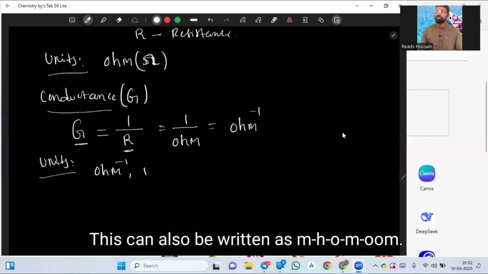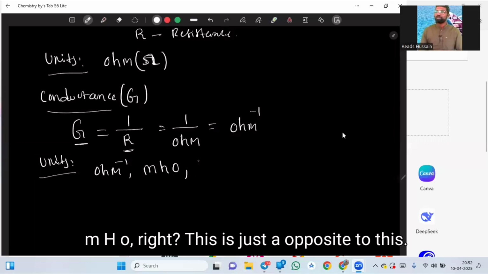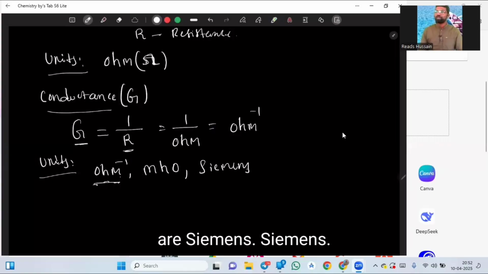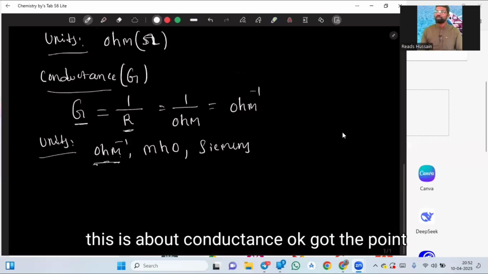This can also be written as mho, M H O. This is just opposite to ohm. If you invert these letters, M, H, O, mho. Ohm inverse or mho or Siemens. You might know this, and that's all. This is about conductance. Okay, got the point?